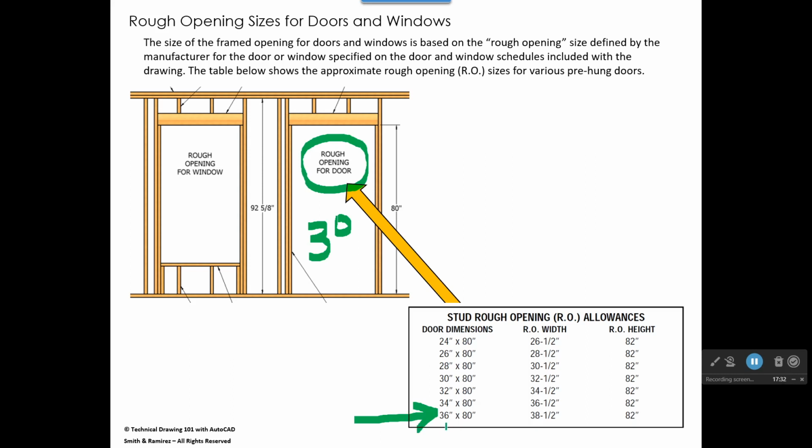It would actually measure about 36 inches wide by about 80 inches tall, okay? The framers generally would frame that door opening at 38.5 inches by 82 inches. So you can see they're framing it larger than what they anticipate the actual size of the door to be, which is about 36 by 80. That's what a rough opening is.